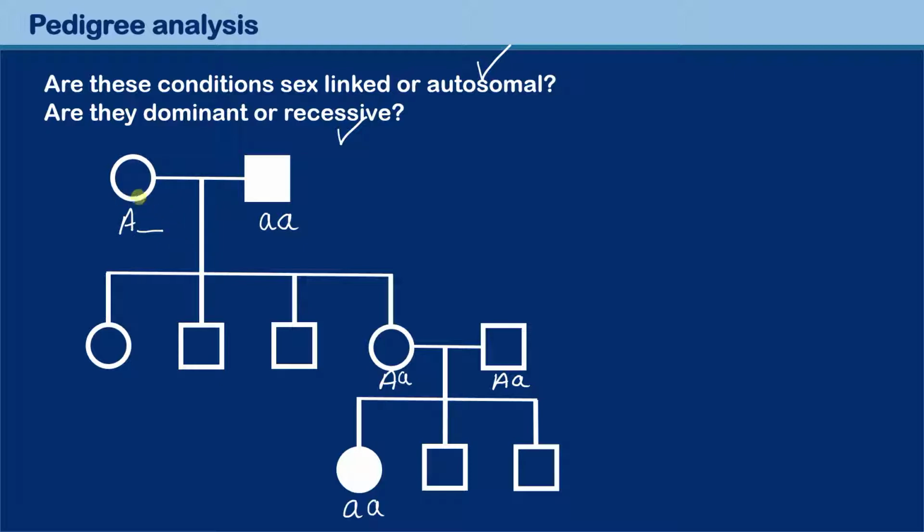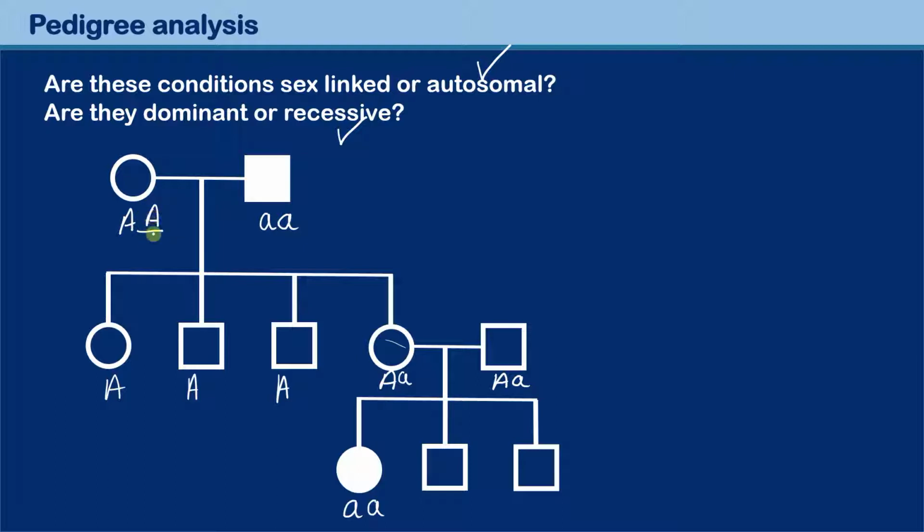So we'd have to look again one generation higher, because each one of them are not affected. They could theoretically have inherited the dominant allele from the mother, but because there are so many children over here, actually all of them, who are not affected, I would highly suppose that the second allele is dominant here as well.